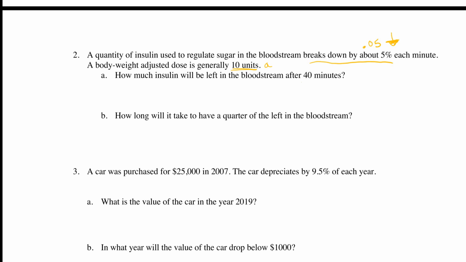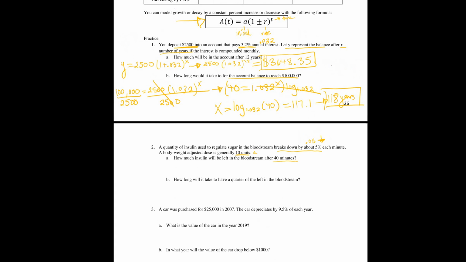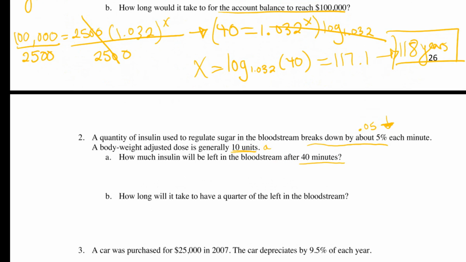2A is giving you a time period. So how much insulin will be left in the bloodstream after 40 minutes? Because the rate of change is happening in percentage, you have to calculate that percentage decrease using the same equation we had before. That's why I zoomed out so you can see that equation.